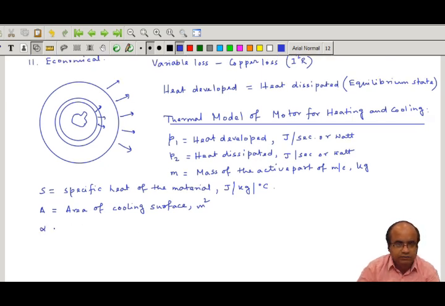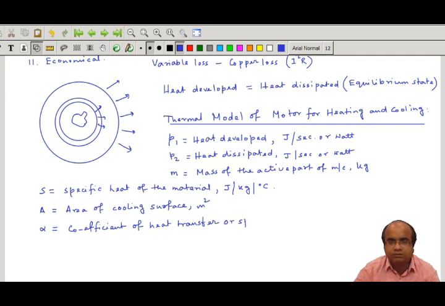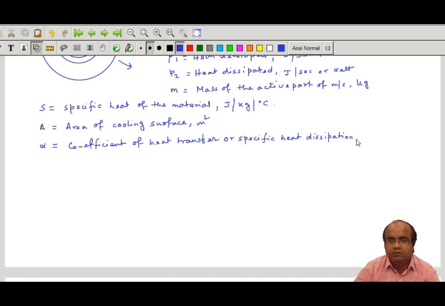Next is alpha. Alpha is the coefficient of heat transfer, or specific heat dissipation, in joule per second per meter square per degree centigrade.